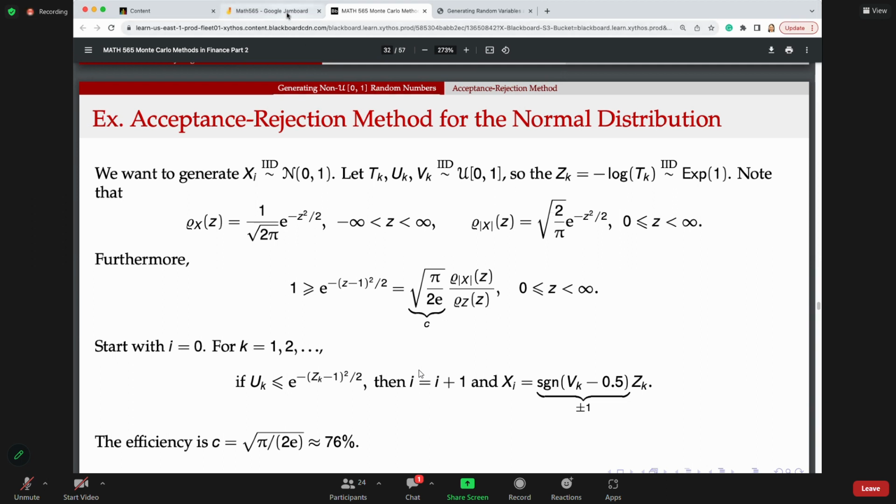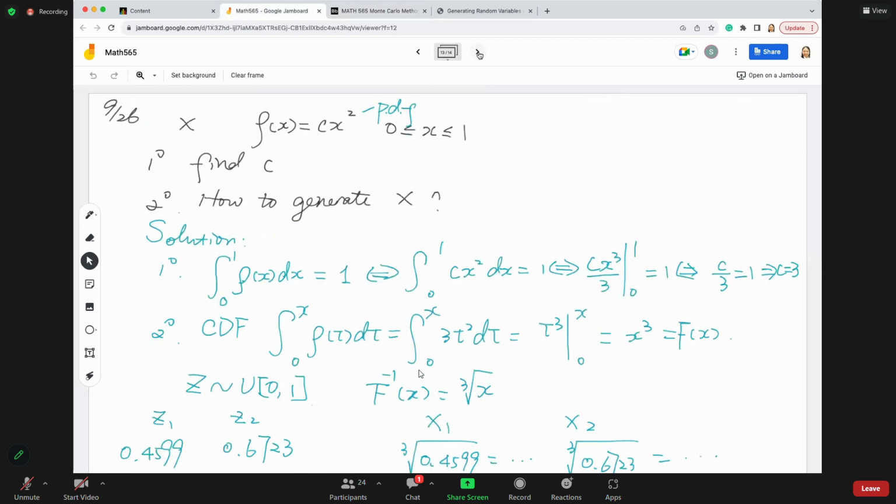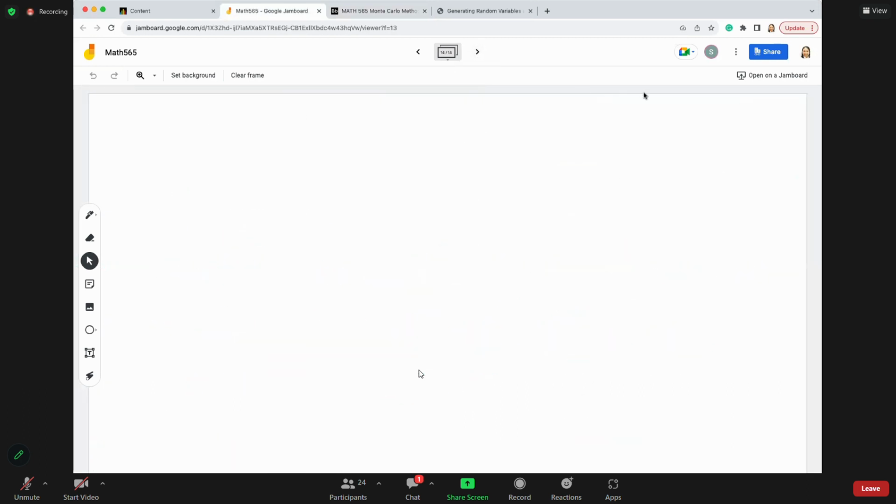Let me write it down. So C for the exponential distribution. This is what we have. So rho Z, what is the density function of that?